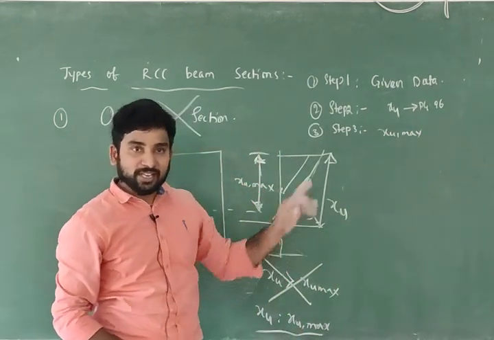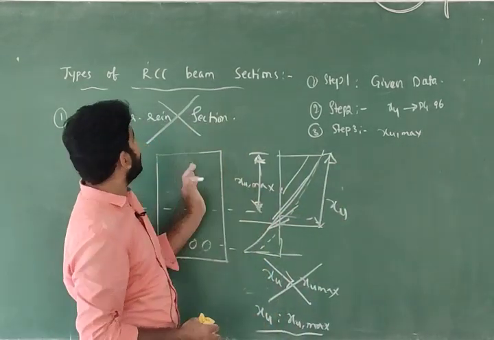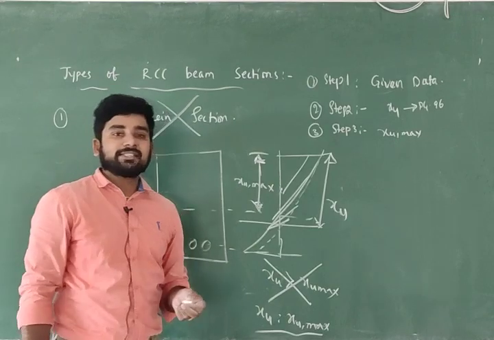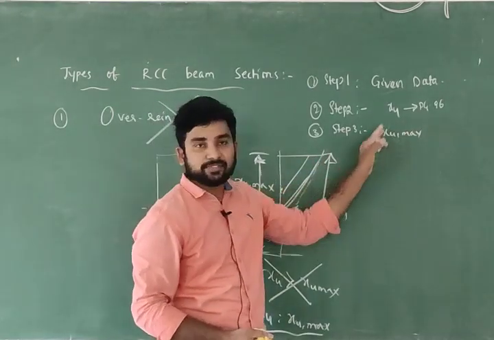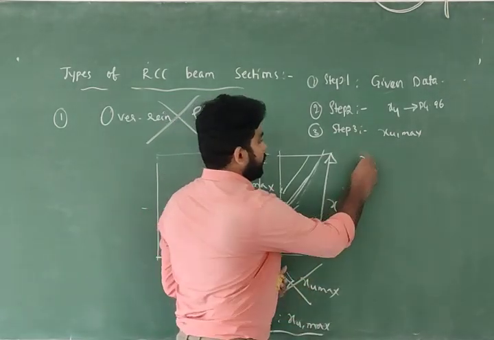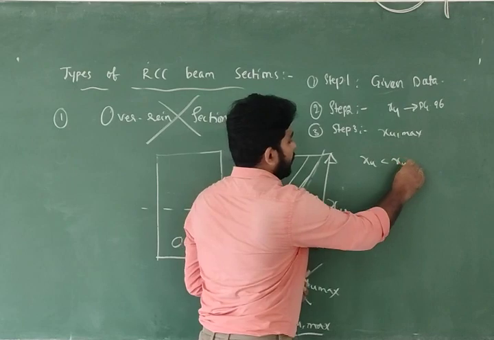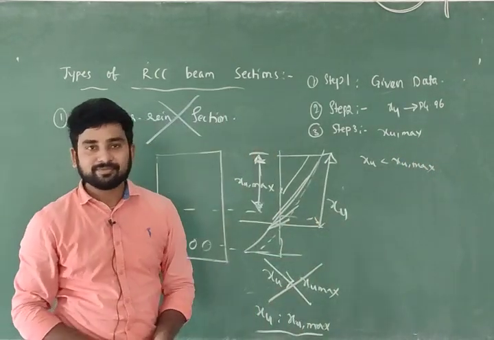Based on that you find out the type of section. So this is about the types of RCC beam sections. After finding whether it is under reinforced, over reinforced or balanced, what should we do next?